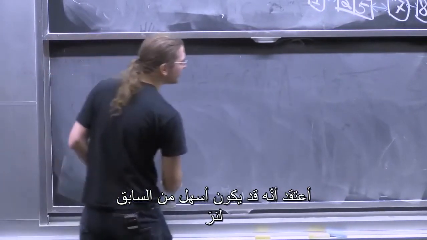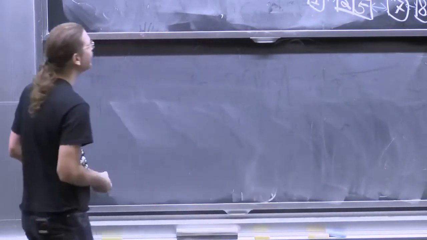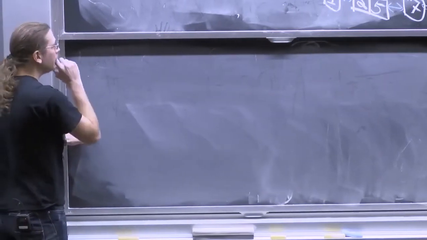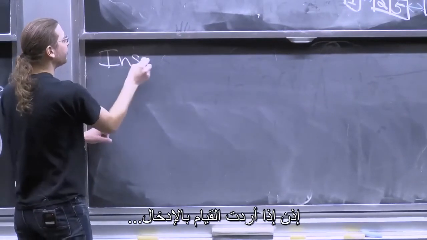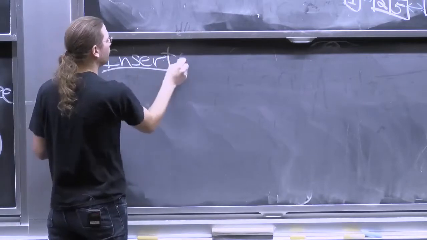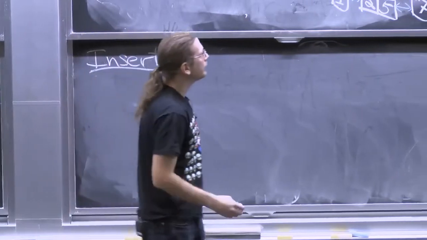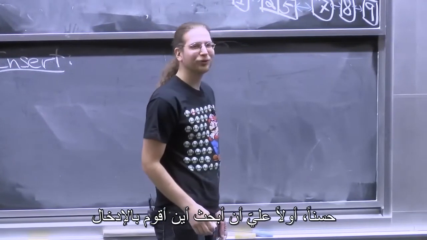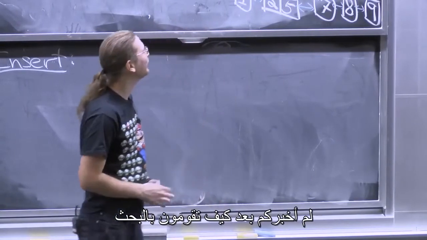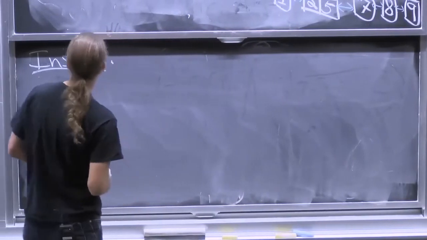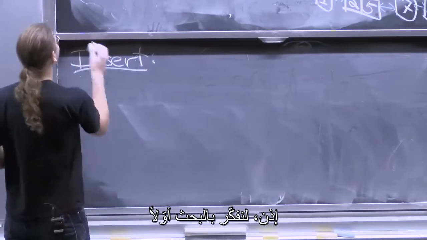I think actually it might be easier. Let's see. So if I want to do an insert, okay, I have to first search for where I'm inserting. I haven't told you how to do search yet. Okay, so let's first think about search.